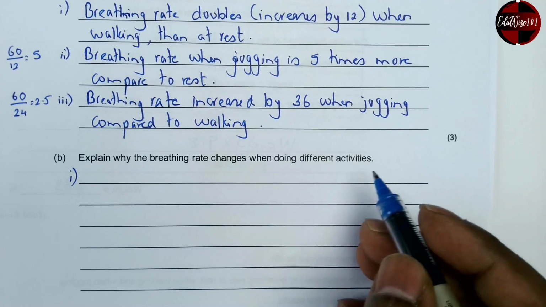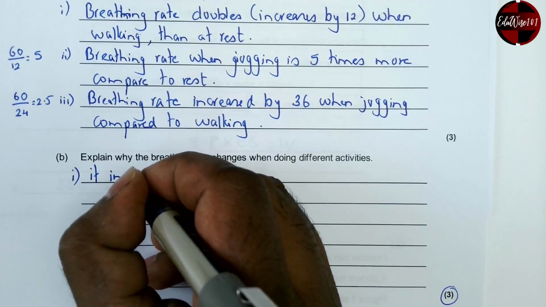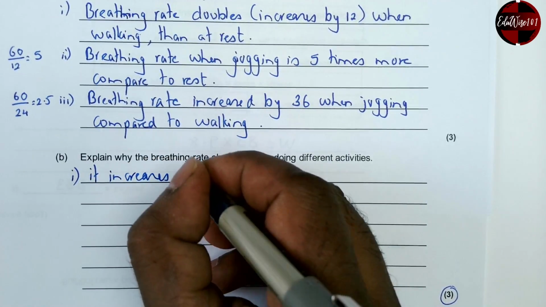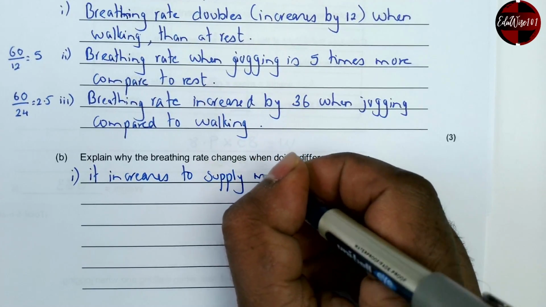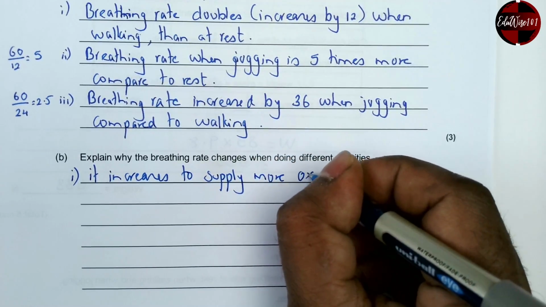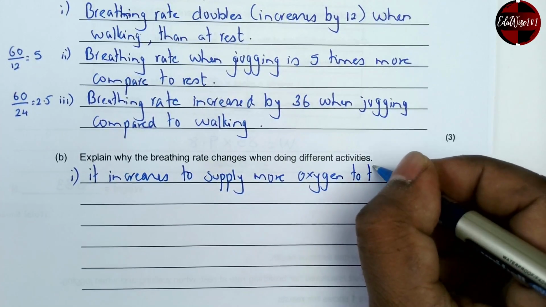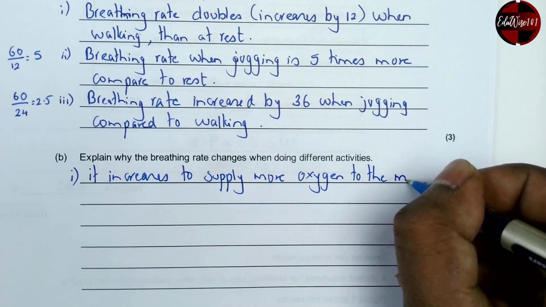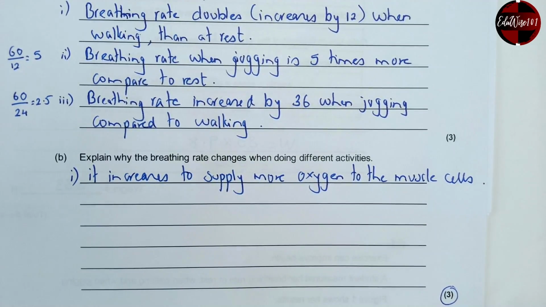The breathing rate is increasing. It increases to supply more oxygen to the muscle cells.